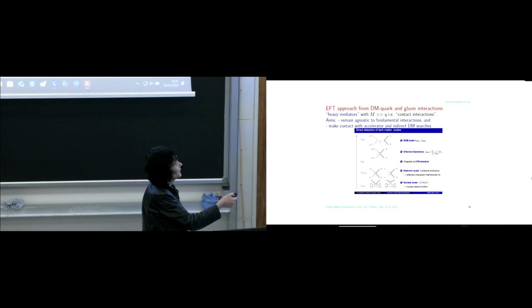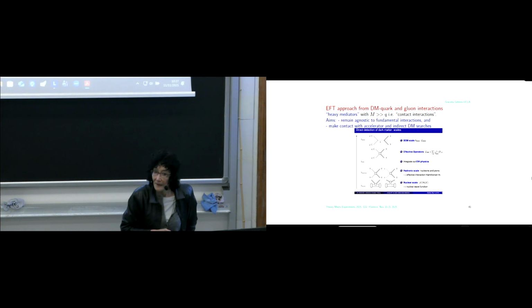The aim of doing all that, first of all, is that you remain agnostic to fundamental interactions, because several different mediators, for example, a mediator in the S channel or a mediator in the T channel, when they are heavy, all of them end up in the same contact interaction.